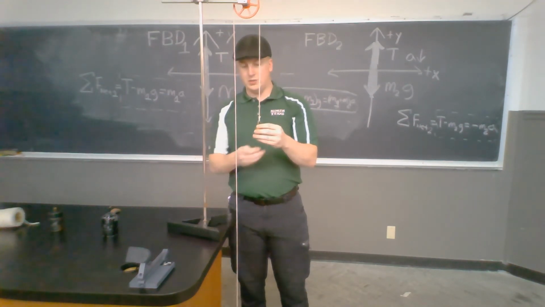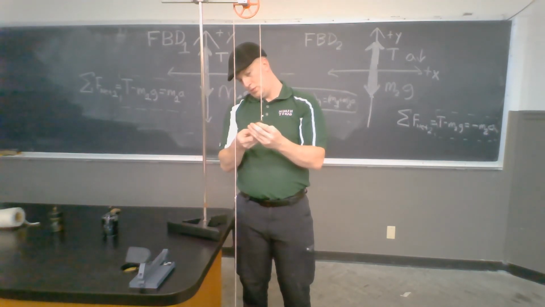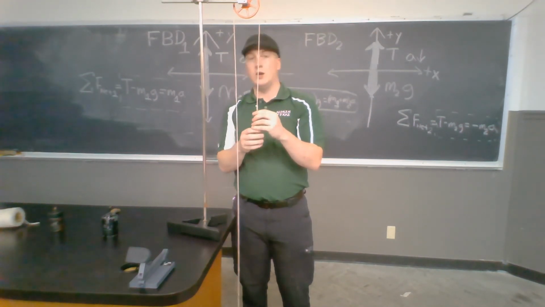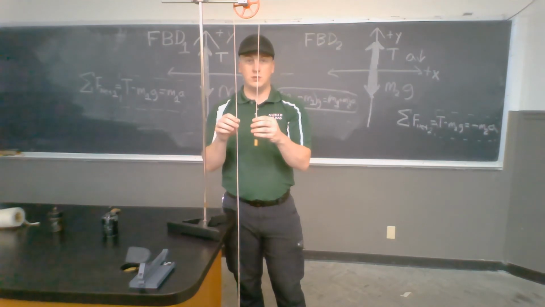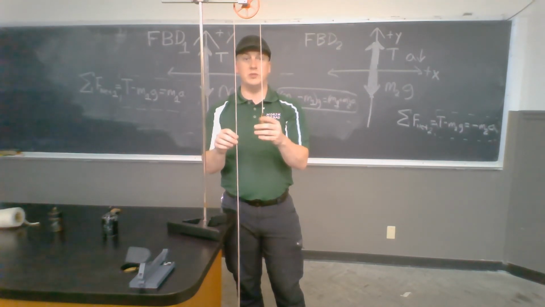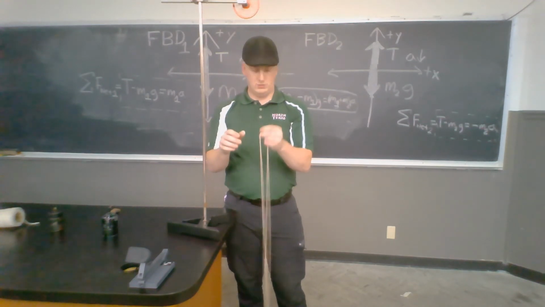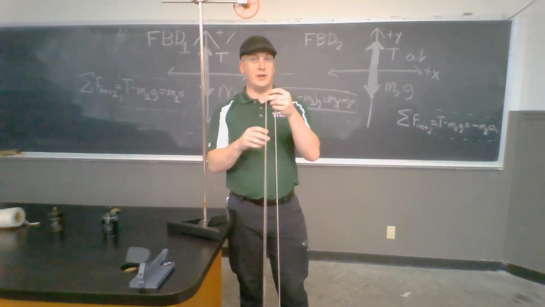Now I'm going to attach a 50-gram mass onto one of these objects. And now I'm going to let it go, and we should see it accelerate. Moves pretty quick.